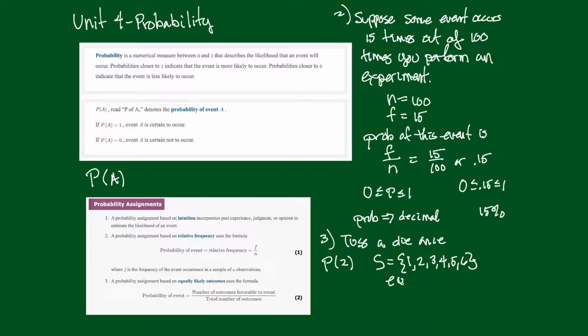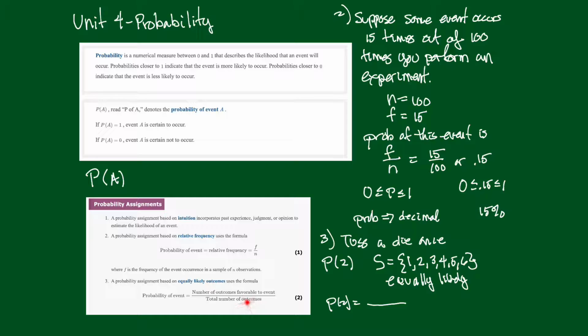And I'm going to claim that if the die is fair, all of these events are equally likely. You're just as likely to get a 1 as a 5. So what would you say the probability of a 2 is? It's a fraction. Probability is a fraction. Now, when I do probabilities, I'm in the habit of doing the denominator first.